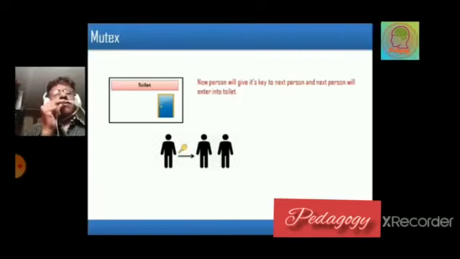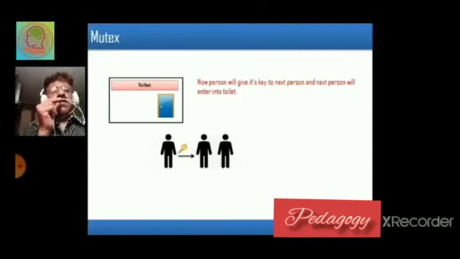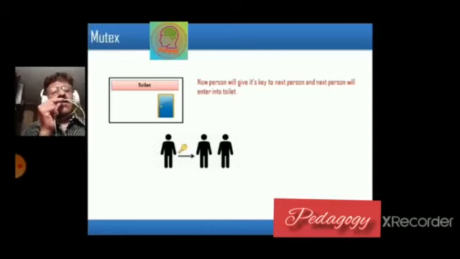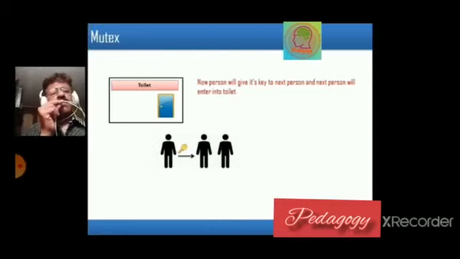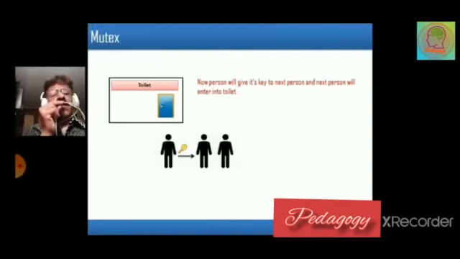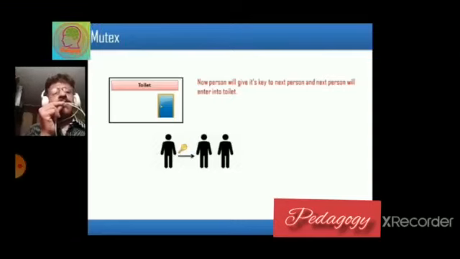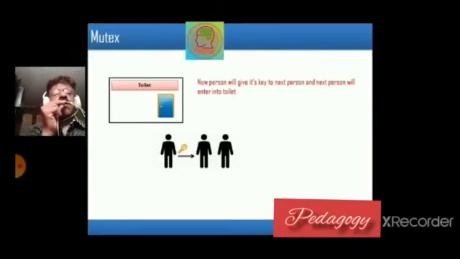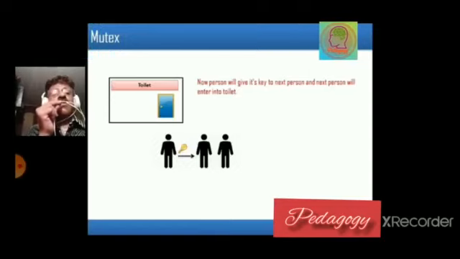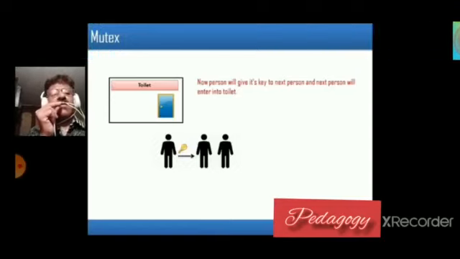Whenever the person comes out of the toilet, he can give the key to the second person, and whenever the key is occupied by the second person, the third person who is waiting in the queue can't enter.